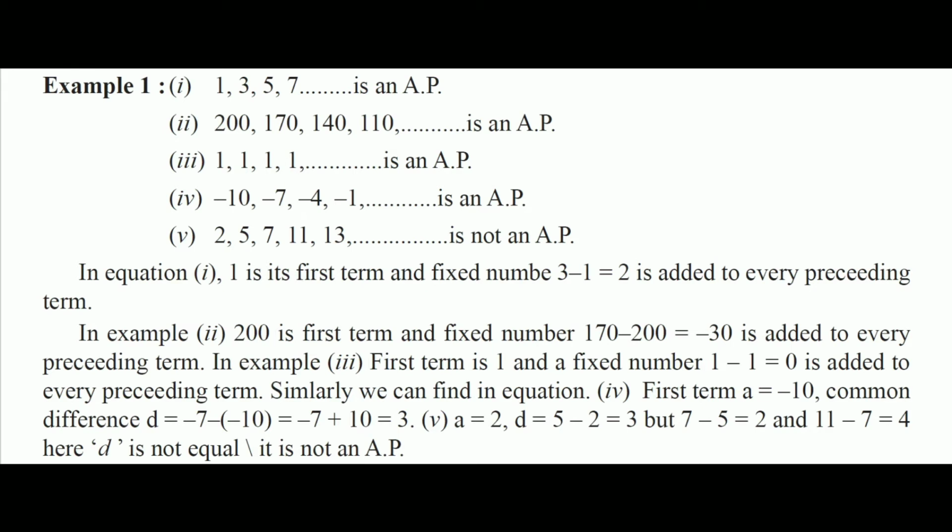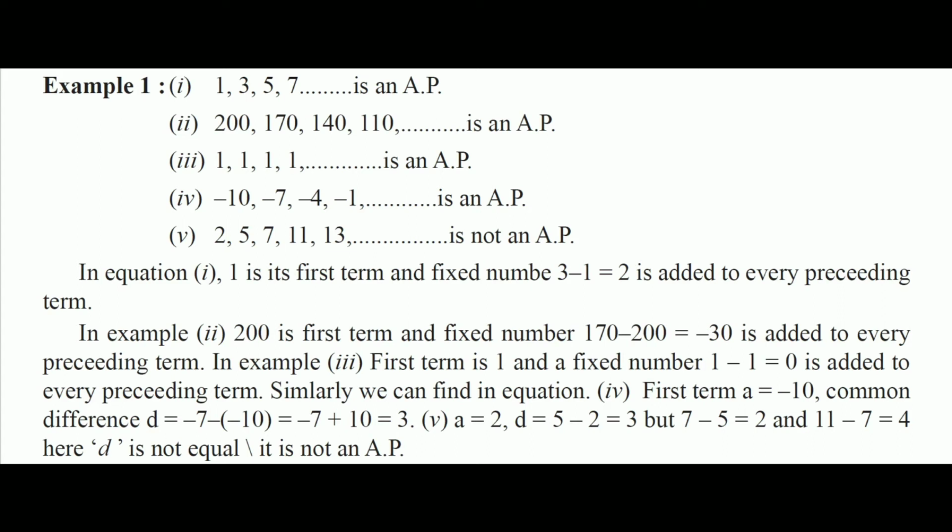To find common difference of an AP, we subtract preceding term from the succeeding term. Here the succeeding term is 170. So we subtract 200 from 170 and the answer will be minus 30. Therefore, the common difference becomes minus 30 and each term in the given series is added with minus 30.